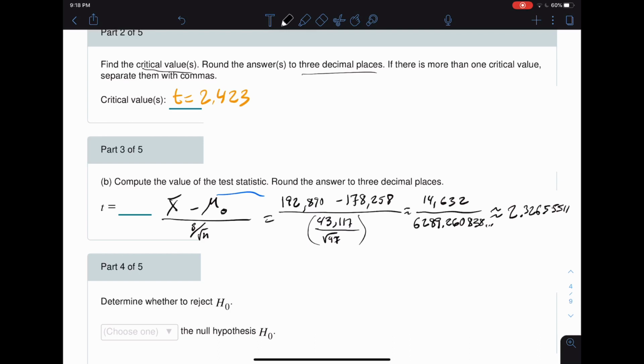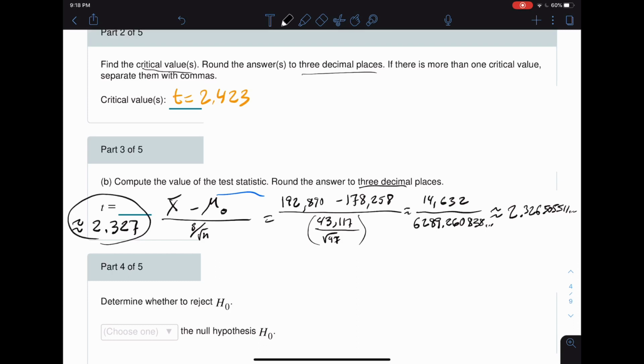I think that's enough detail now. Okay, at that point, it says round to 3 decimal places. So the t-value is approximately 2.327.